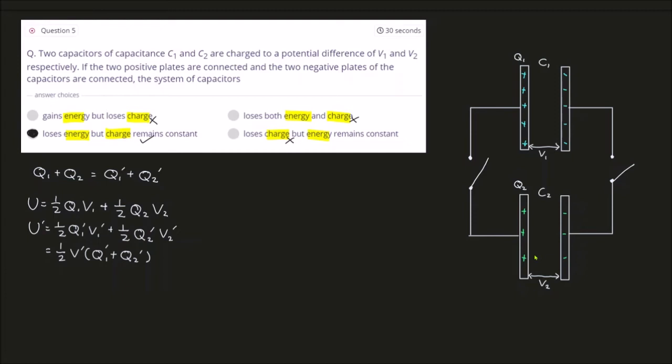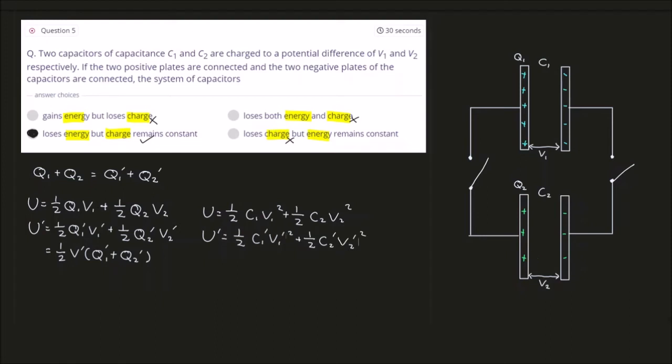There's also another thing which I tried, where I also got stuck, which is using half C1 V1 square plus half C2 V2 square. So this is the old situation. Then the new situation here will be half C1 prime V1 prime square plus half C2 prime V2 prime square.